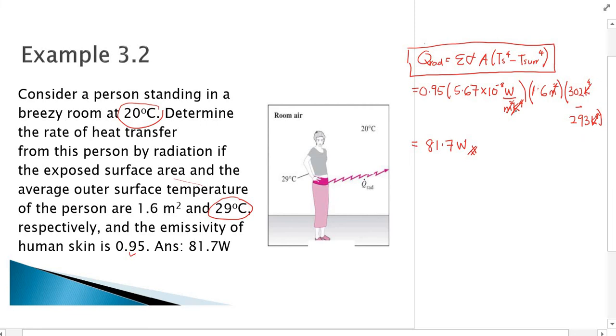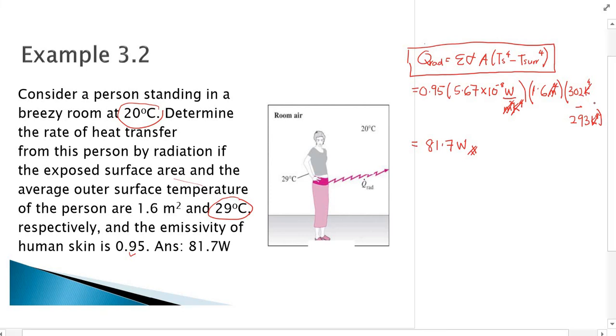So make sure at the end all the units cancel out. Here your meter squared cancels with the area, and the K to the power of 4 cancels with the temperature. So that's all. For heat, you need to understand the theory definition of all three mechanisms: conduction, convection, and radiation.